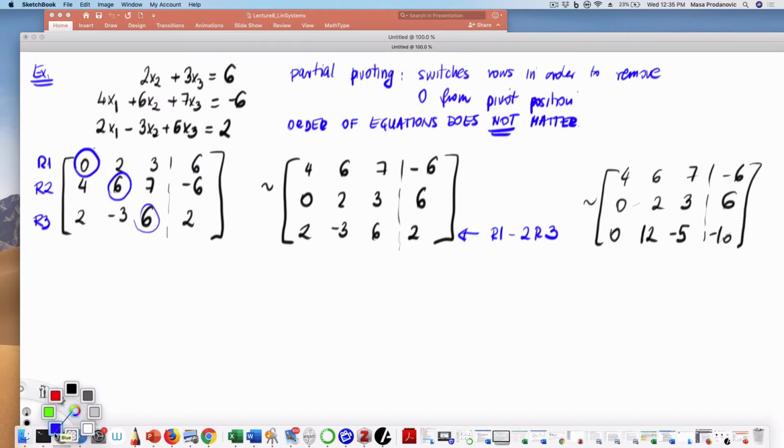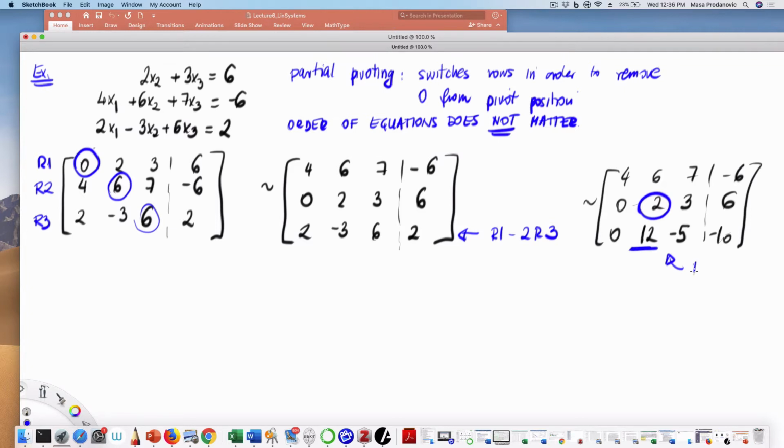Now, this is my pivot position. So I'm going to use that to eliminate 12 right below it. This is what I'm eliminating. So what would be a good replacement? Minus 6 row 2.